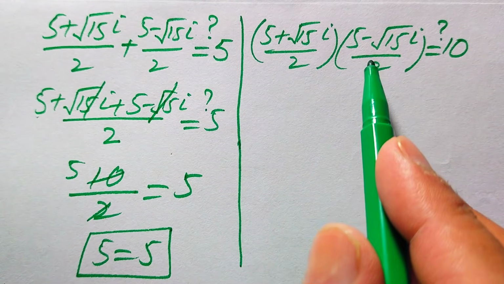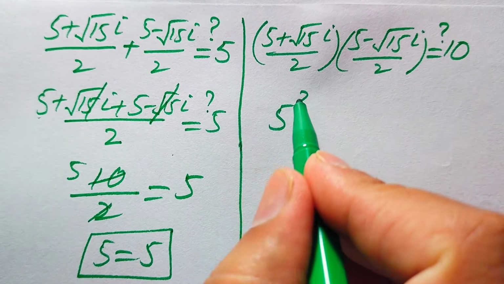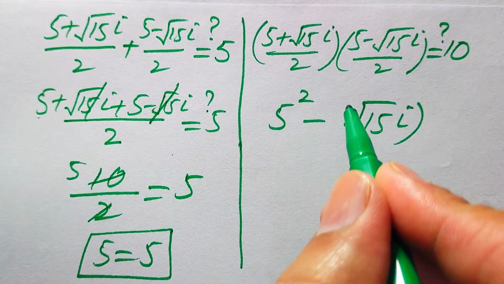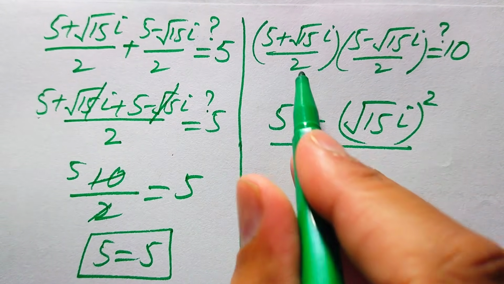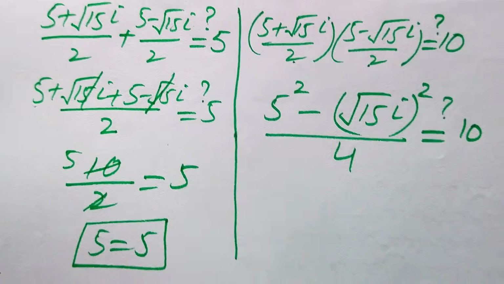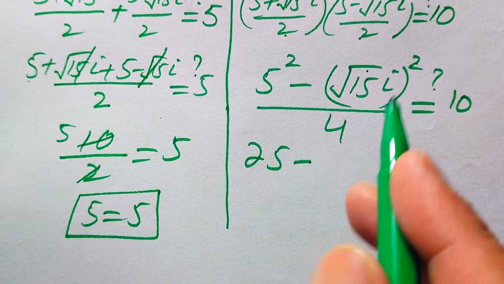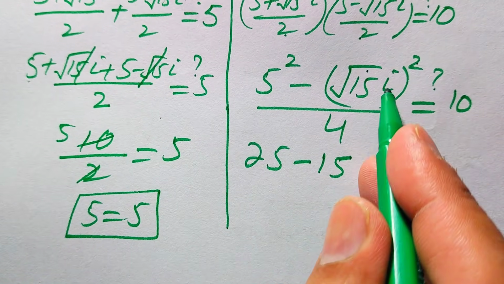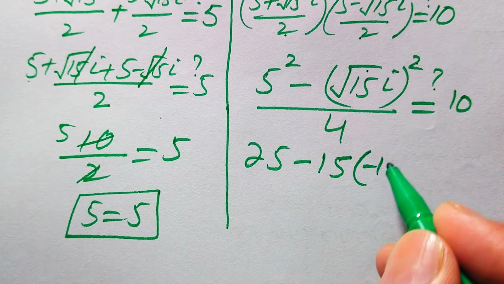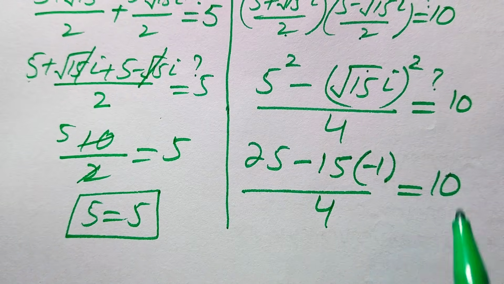In the same pattern, we verify the second equation, and here we use the nice algebraic formula on the numerator terms, and we write it as 5 square minus (square root of 15 iota) whole square, divided by 2 times 2 becomes 4, is equal to 10 or not. This is our claim. So this 5 square becomes 25, minus, these 2 and square root are gone, and we get 15, and the square of iota becomes iota square, and we know that iota square is equal to minus 1, and it is divided by 4, and we check whether this is equal to 10 or not.